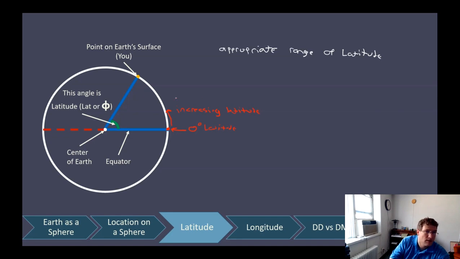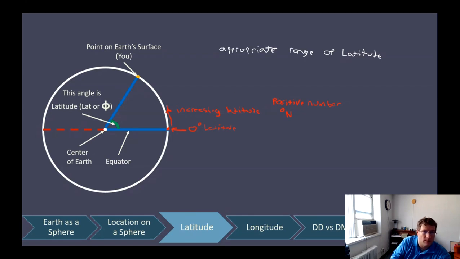With increasing latitude, you will see this represented as a positive number, or you will see this represented with a degree sign, N, for degrees north of the equator. So you'll either see a positive number or degrees N.